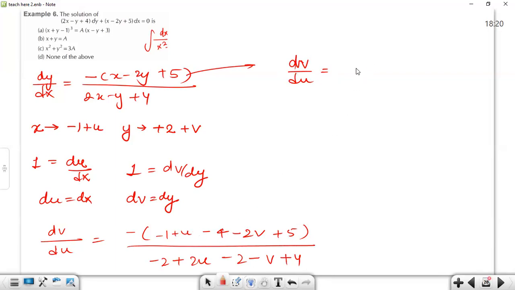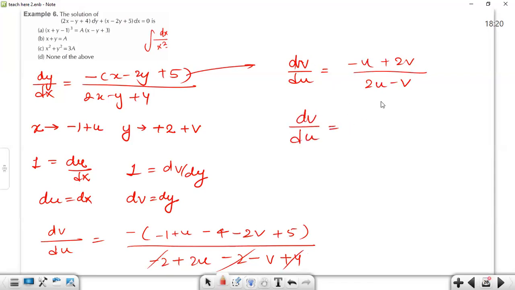Now the u term becomes positive. Minus 1 plus 5 plus 4 and minus 4, this will become 0. So here 2u minus v, and minus 2, 4 still cancel. Minus 4 plus 4 is 0, right?